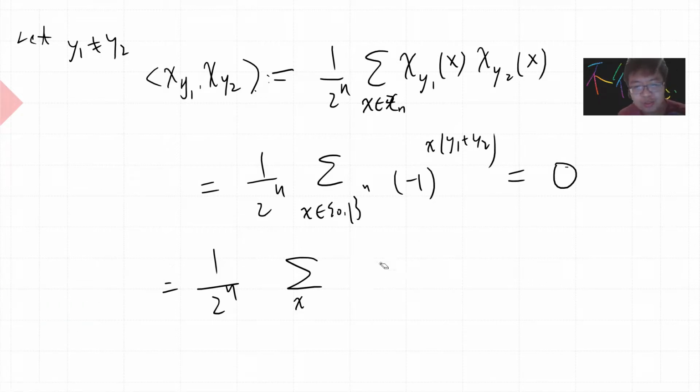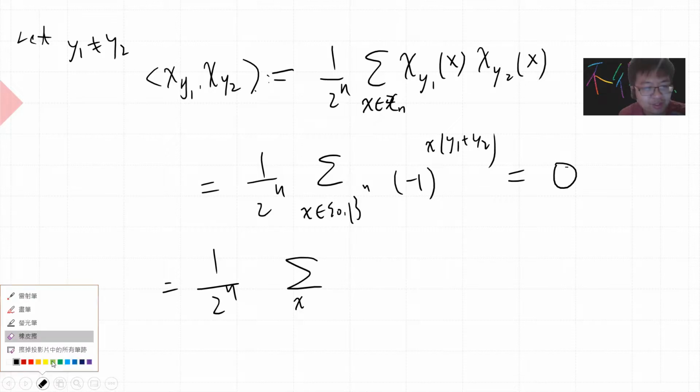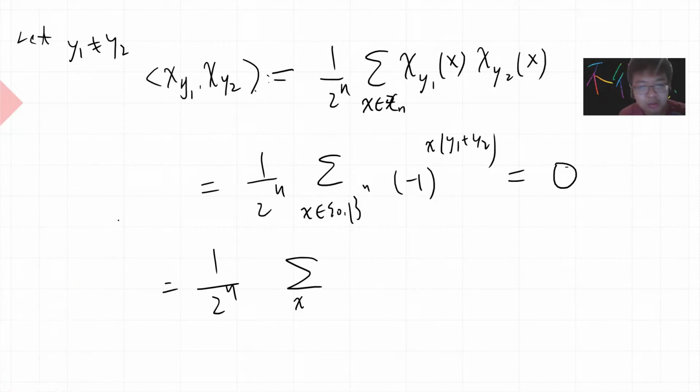Let's write a proof; don't worry, this is not difficult. When you try to learn these kinds of things, you should try to prove them. So y1 is different from y2, which means there will be some y that is non-zero.